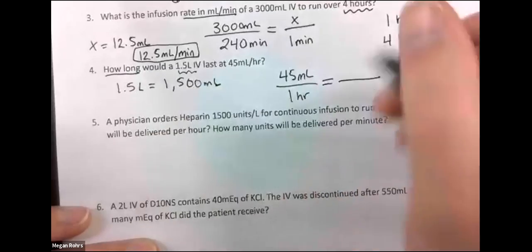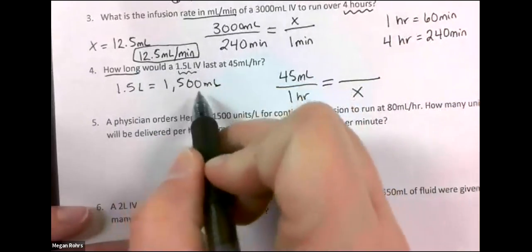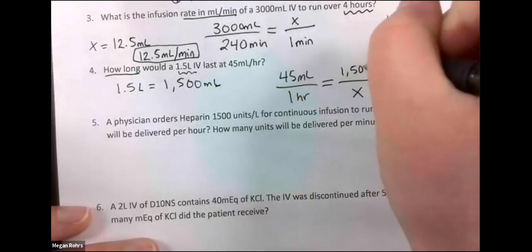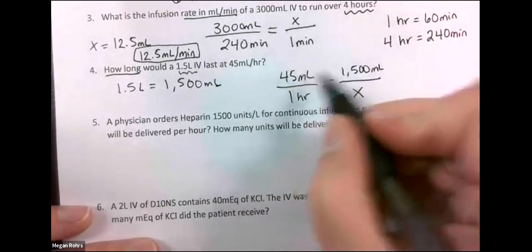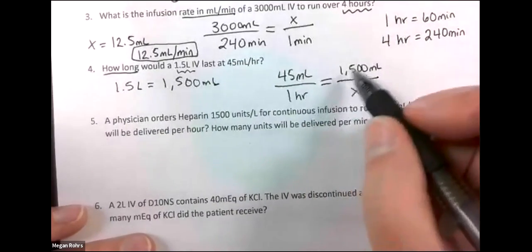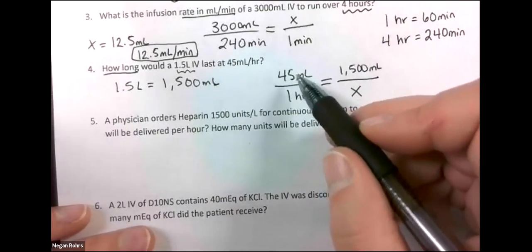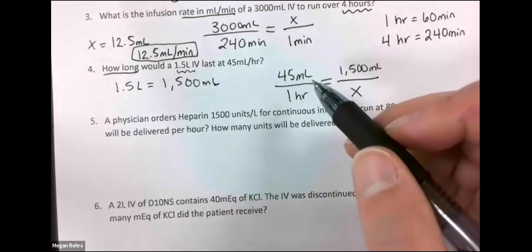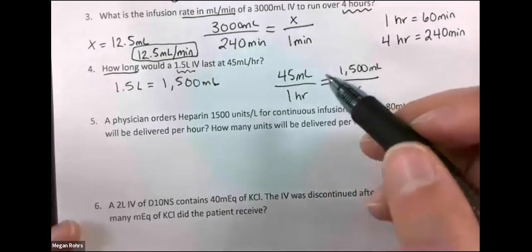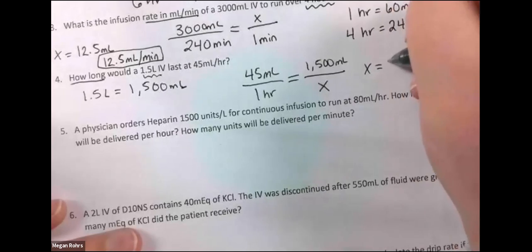So I know my x has to go on the bottom. And I know that my volume is 1,500 milliliters. Milliliter stays on top. So cross multiply here, we have 1,500, and we're going to take that divided by 45.